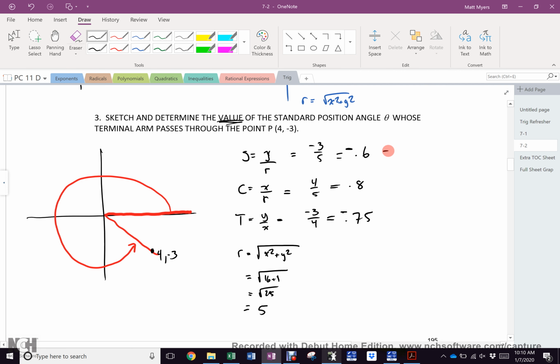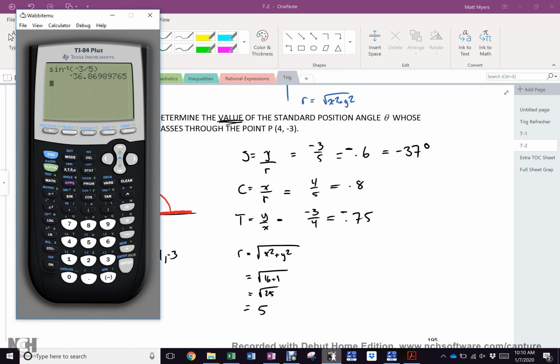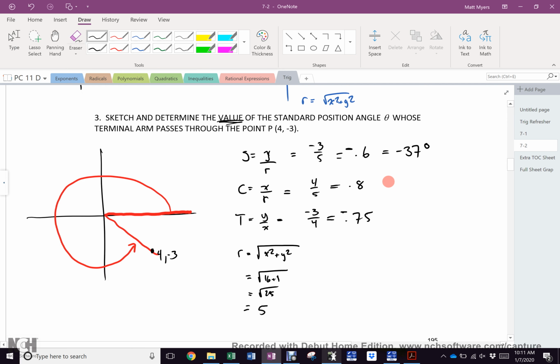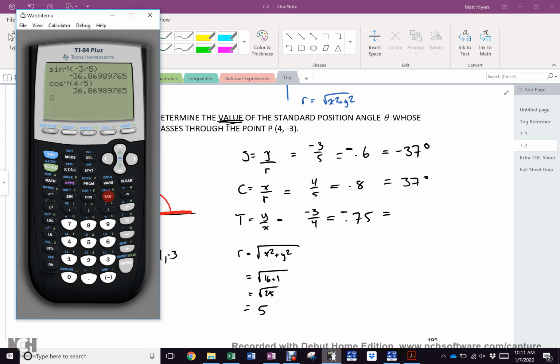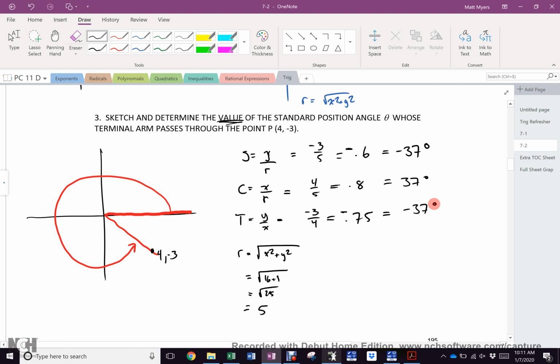So my calculator gave me negative 37 when I did sine. Watch what happens when I do cos. What am I punching in here? 4 divided by 5. It gave me positive 37. And obviously, what am I going to get when I do tan? Negative 3 divided by 4. I'm going to get negative 37 degrees, yes?